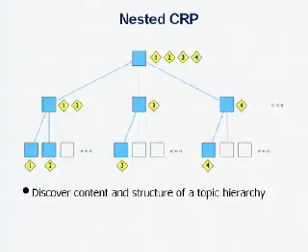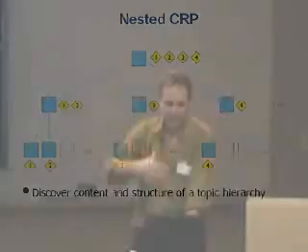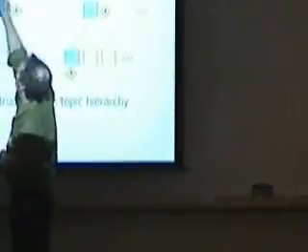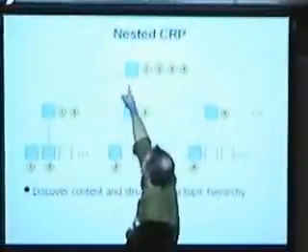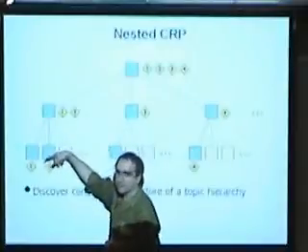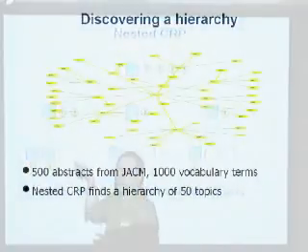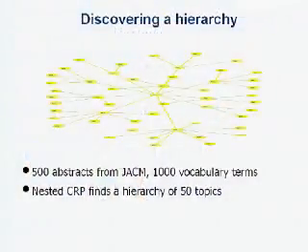I have a Chinese restaurant process at every node of a Yahoo hierarchy, and I want to share information among them. At the end of the day, instead of a person coming into a restaurant and sitting at a table, they do a whole path. They come in here, and they choose a branch to go out. Then they come in here, and they choose a branch to go out. And they can always start a new branch. Okay, so it's the same kind of metaphor, but done in the notion of a computer science style hierarchy.